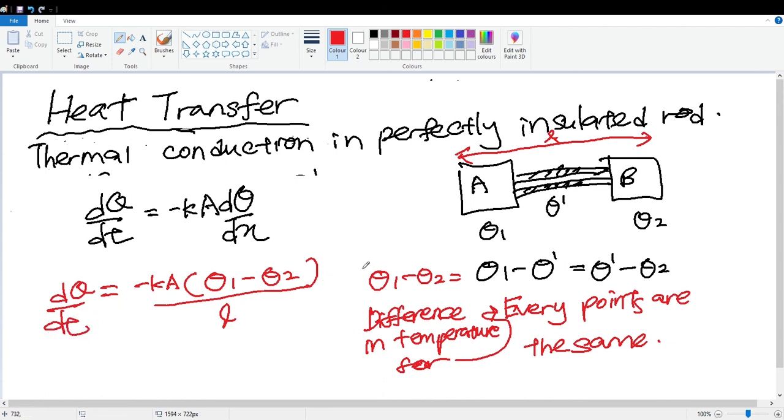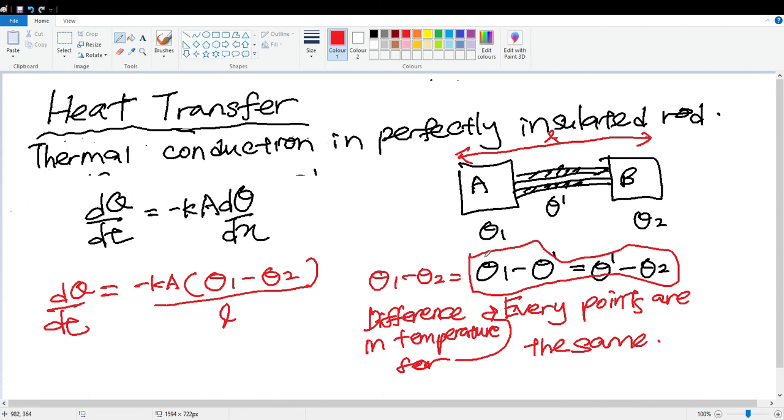Since the difference in temperature between theta 1 and theta 2 is also equal to these differences in temperature, I can just use this formula to calculate the rate of heat flow at every point, since the rate of heat flow is constant for every point.